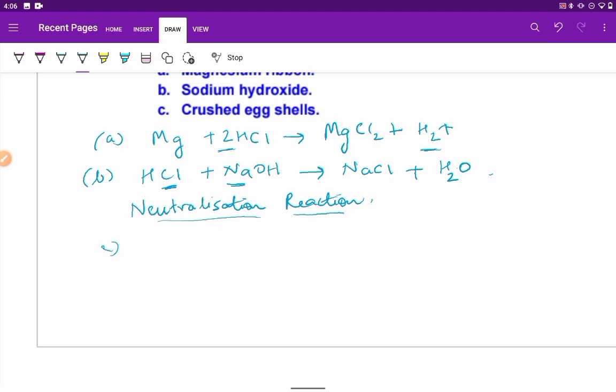I hope you all have seen till here. Now the third one, crushed eggshells. Crushed eggshells contain calcium carbonate.